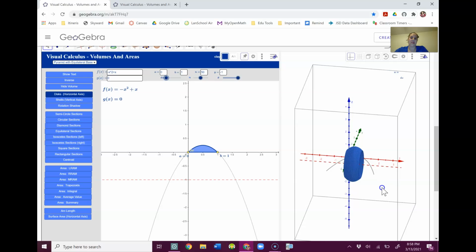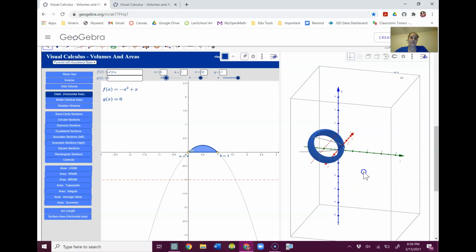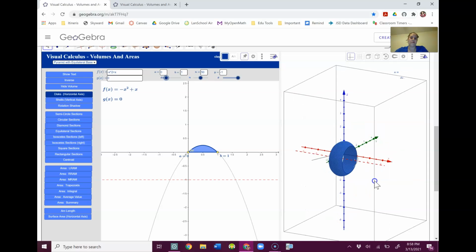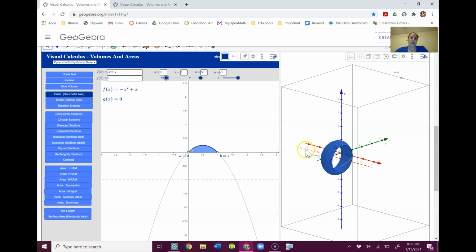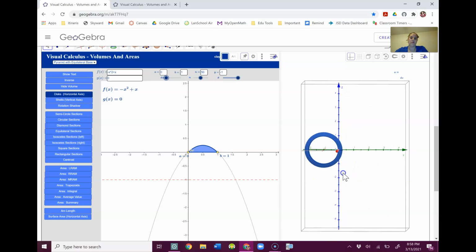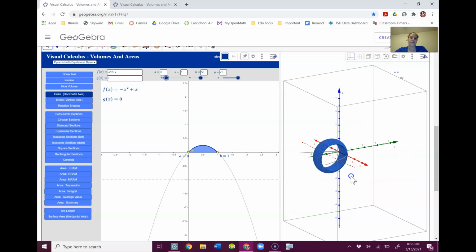I like to also think of it as kind of like the donut method. Creates those donut shapes. Because there's our line that we're rotating around, and we're taking this half circle shape and rotating it around that line. And that gives us this donut shape, or a washer.